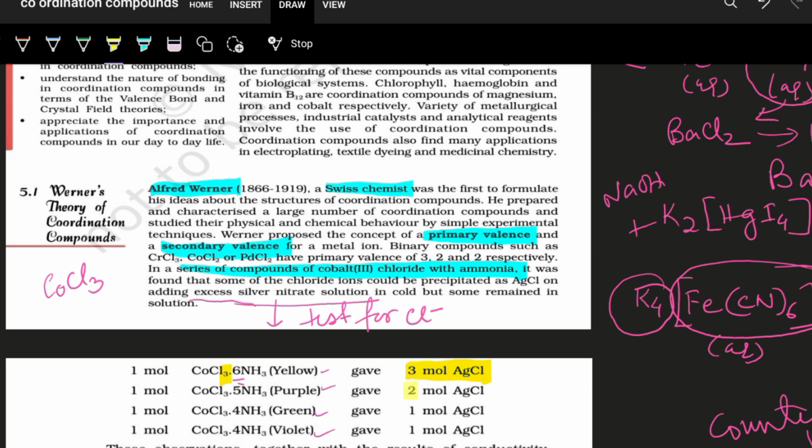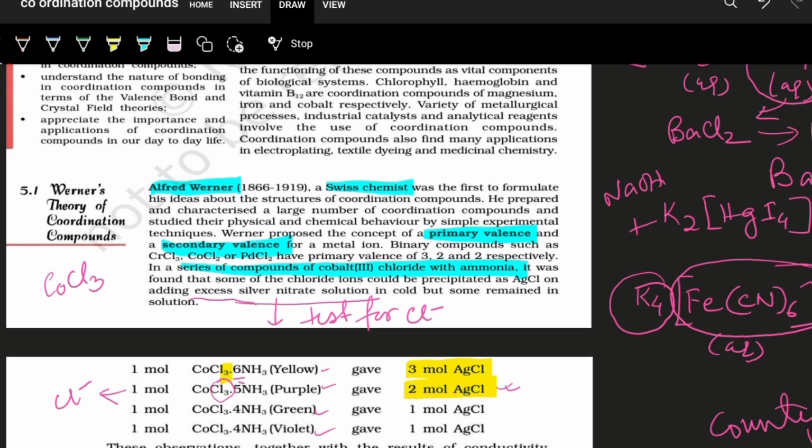In the next case, 2 moles of AgCl are precipitated, and you have been supplied with 3 moles of Cl-, out of which 2 moles are precipitated and 1 Cl- remains unionized.